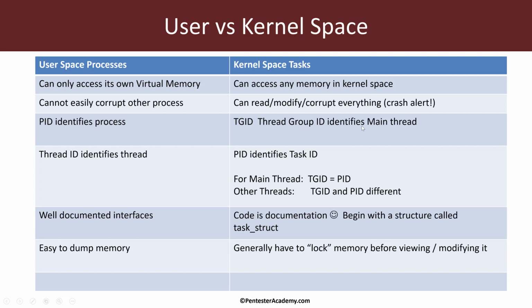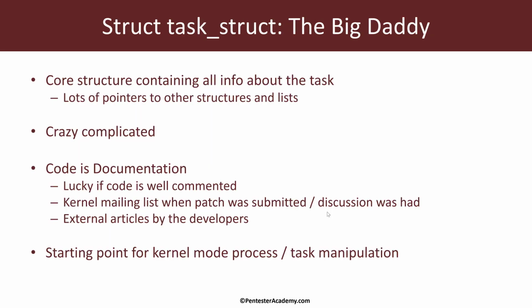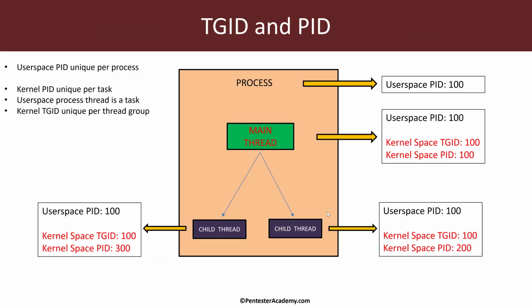So the important thing to realize is in user space, if you have a process with multiple threads, that process has a specific PID and each of the threads has a thread ID. Now in kernel space, we know that each of the threads, including the main thread, is defined as a task, right? Now each of these tasks has a TGID and a PID. And I'll explain what that is in this diagram and we'll go back.